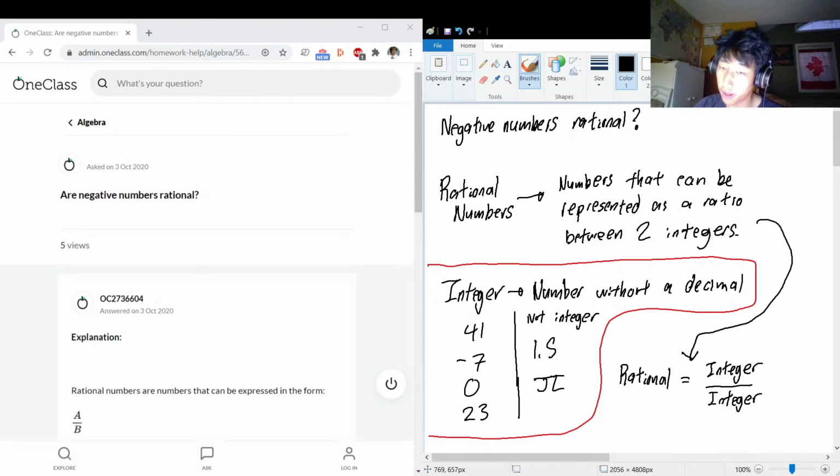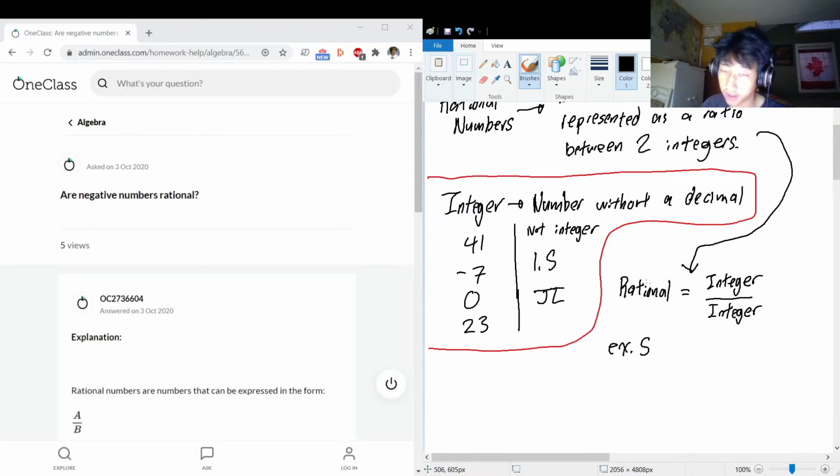So an example like 5 is definitely a rational number because you could represent it as an integer divided by another integer. You can do it like equals 5 divided by 1. That would be an example of a rational number.